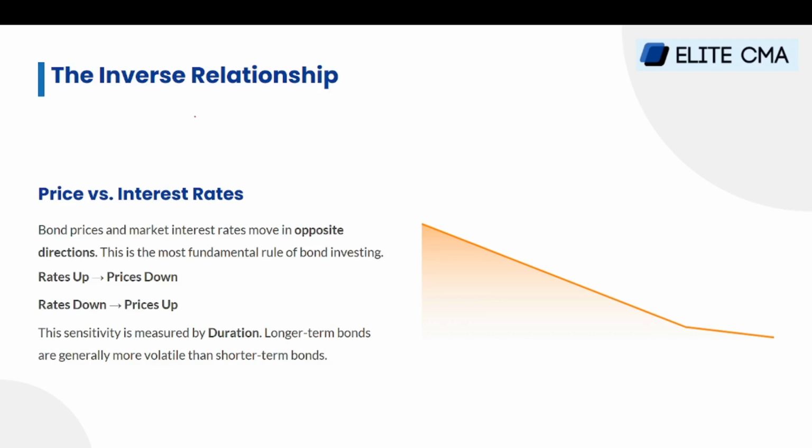Again, the inverse relationship. There is an inverse relationship between the price of a bond and the market interest rate. Normally, if the market interest rate increases, investors may not prefer to invest in the bond because the market has a higher rate of return. So in this case, normally the bond price will come down.